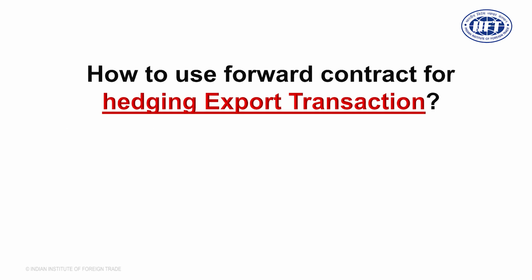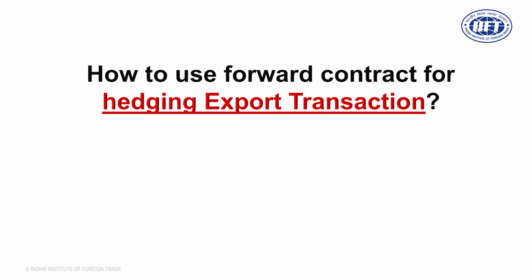The most important derivative is the forward contract. Cheap, best. Just pay 1,000 rupees to the bank, irrespective of the amount of export, 5,000 or 1 million, irrespective of the currency, dollar, euro, yen, pound, whatever it may be.